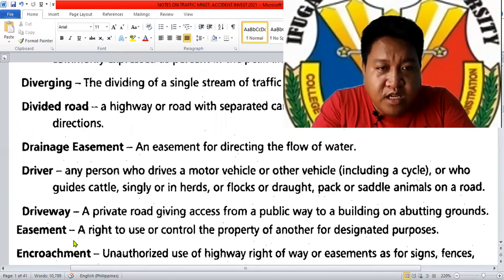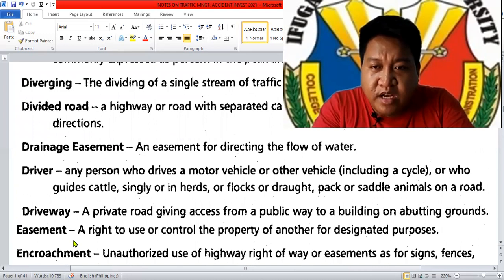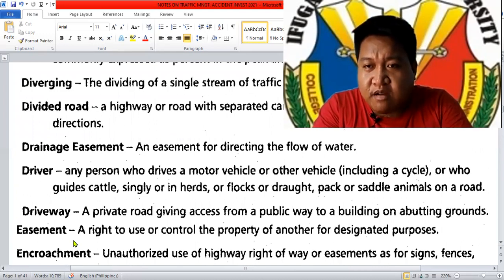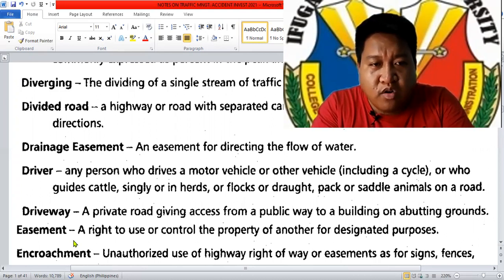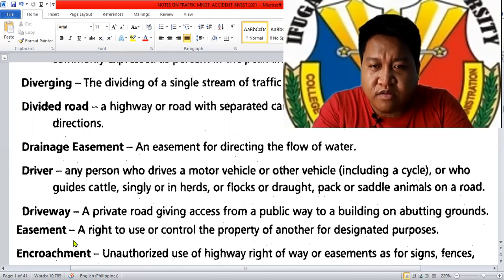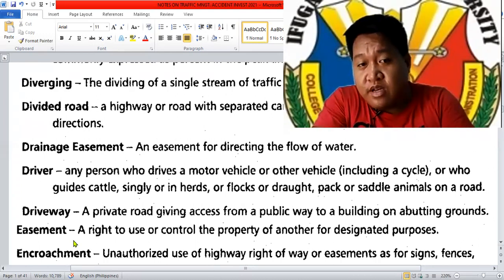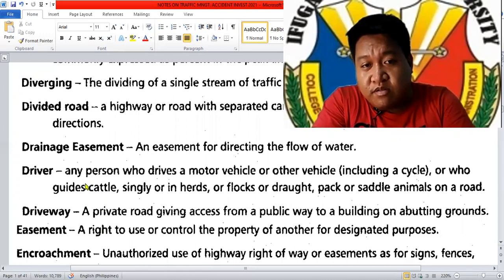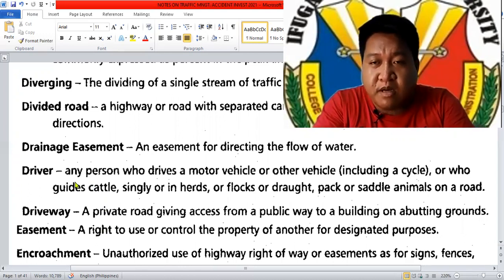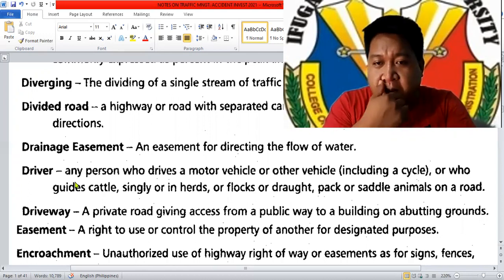And driver is any person who drives a motor vehicle or other vehicle, including a cycle, bicycle, or who guides cattle singly or in herds or flocks or drove, pack or saddle animals on a road. Okay? So, driver din ang tawag natin sa mga nakasakay sa kabayo, no?